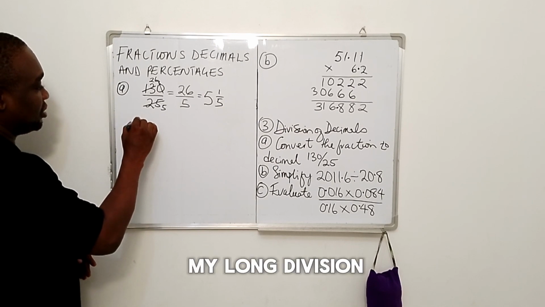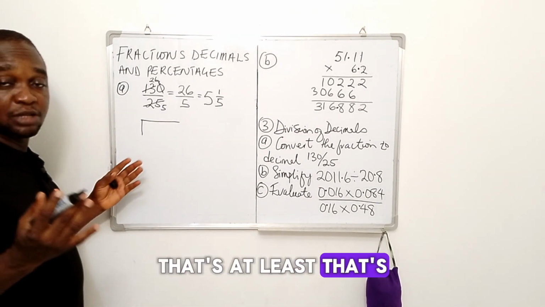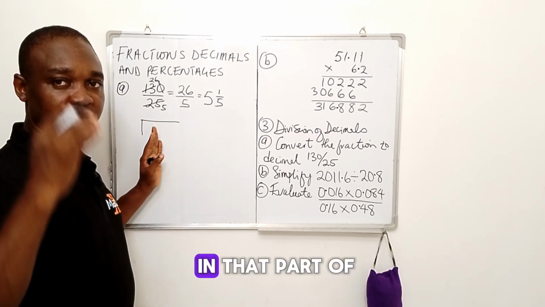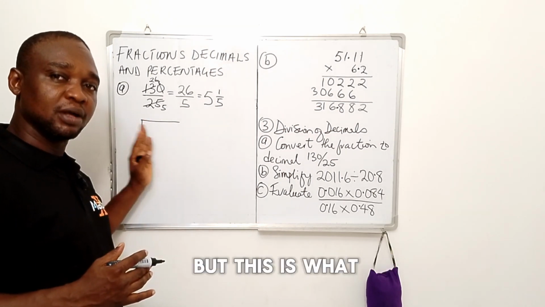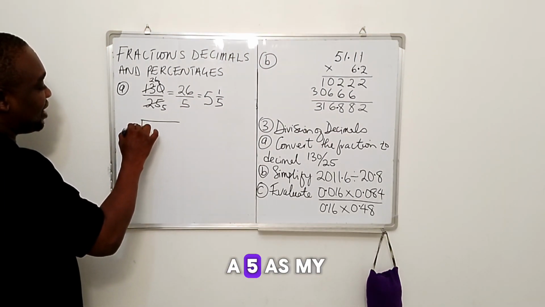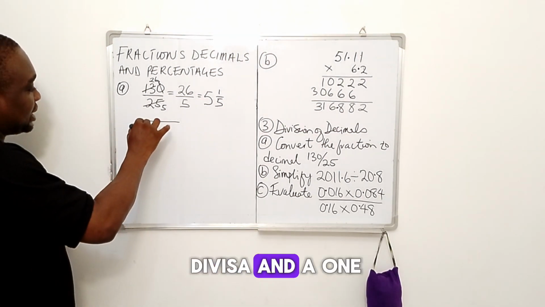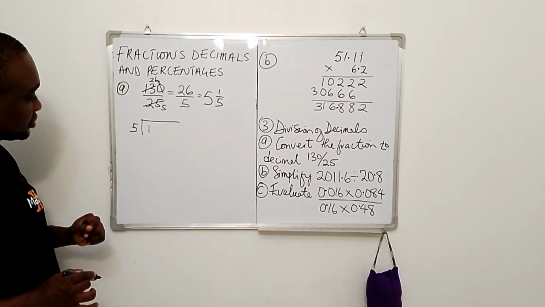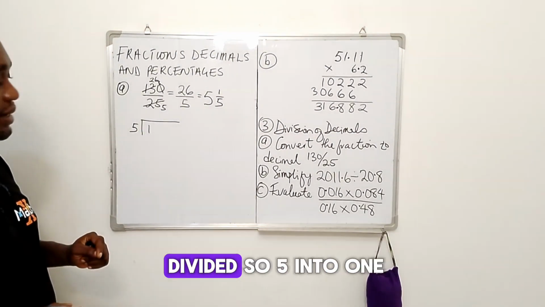So I'm going to use this fractional part in a long division exercise. So here we go, my long division. That's what we call it here in Nigeria. I don't know what people call it in that part of the world where you are watching from, but this is what we do here. So we have a 5 as my divisor and a 1 as the number to be divided.